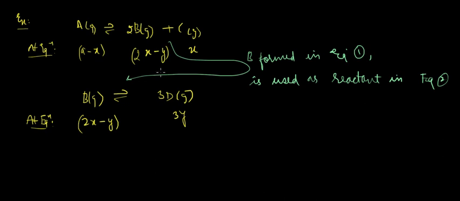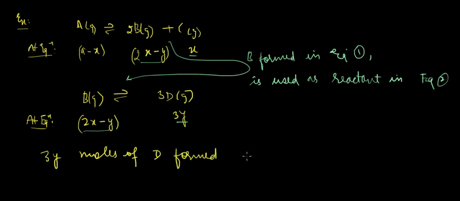So total moles at equilibrium would be 2x minus Y moles for B, X moles for C, and 3Y moles of D. So finally we can say that 3Y moles of D formed when both equilibria are simultaneously established.